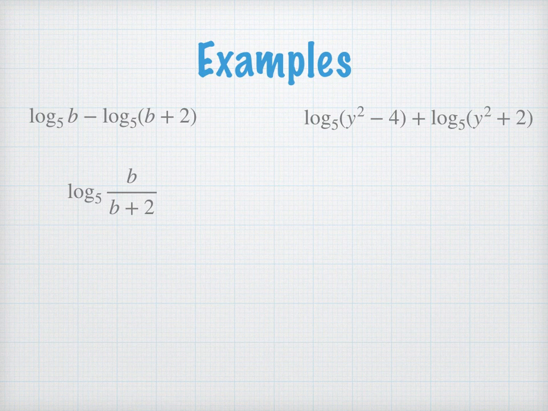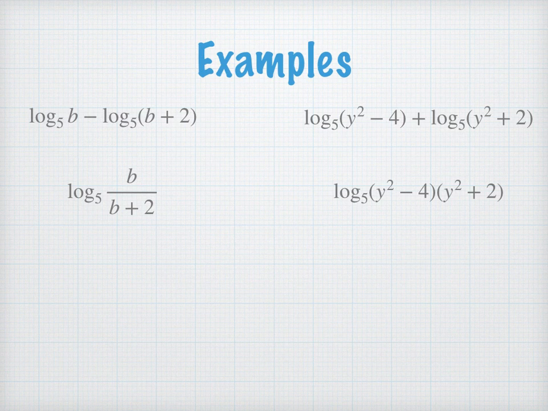Looking at our next example, log base 5 of the quantity y squared minus 4 plus log base 5 of the quantity y squared plus 2. That addition there is telling us to use our product rule. So we have log base 5 of y squared minus 4 times y squared plus 2.